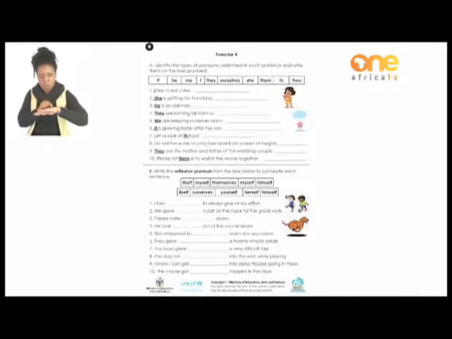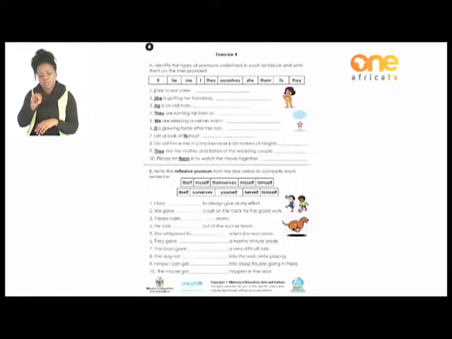Now, if you can still remember, previously we did personal pronouns and possessive pronouns. So I hope you can still remember the examples of personal pronouns and possessive pronouns.